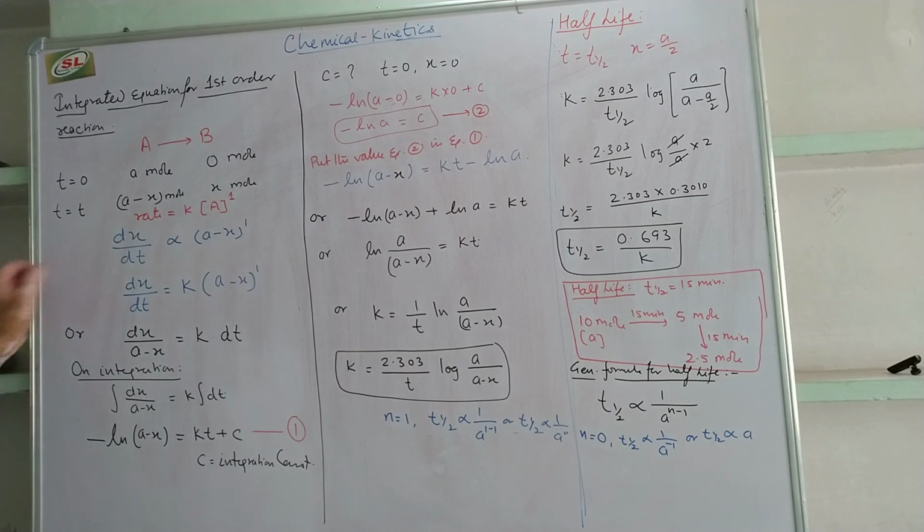We can write the rate law: rate is equal to k A to the power 1. Power 1 means we are talking about the first order.